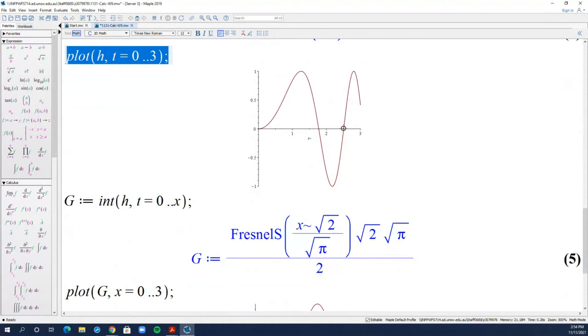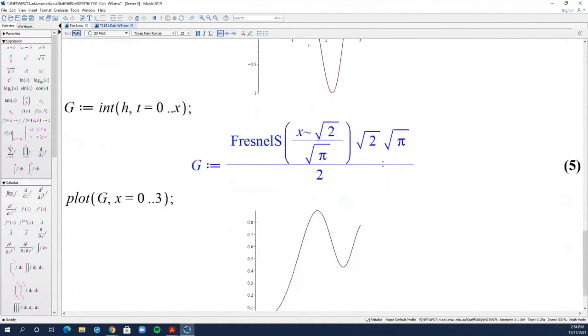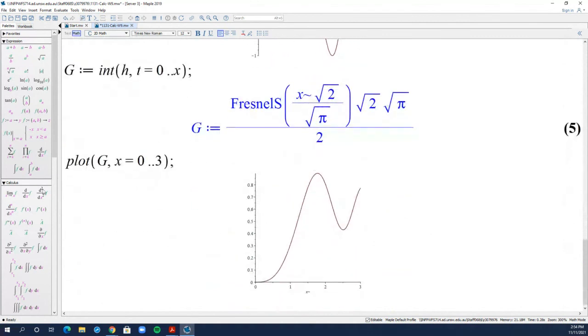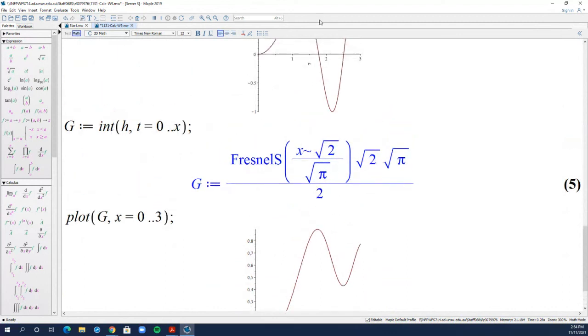It'll have a minimum here because that's negative area, that's positive area, and then it'll start increasing again. So you can see what I've done. I've just plotted it basically. So maximum, minimum. Those two points correspond to that point and that point.